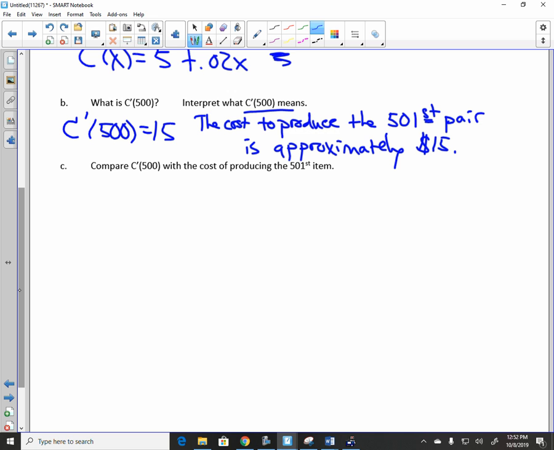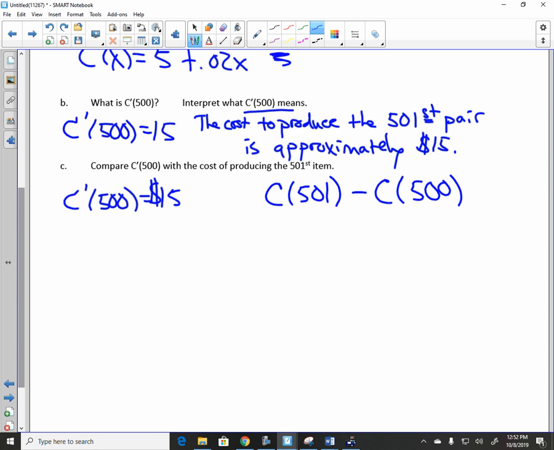So C prime of 500 is equal to $15. We know that. But the actual cost of producing the 500 first item is the cost of producing 501 items minus the cost of producing 500 items. That's the actual. The derivative is an approximation.